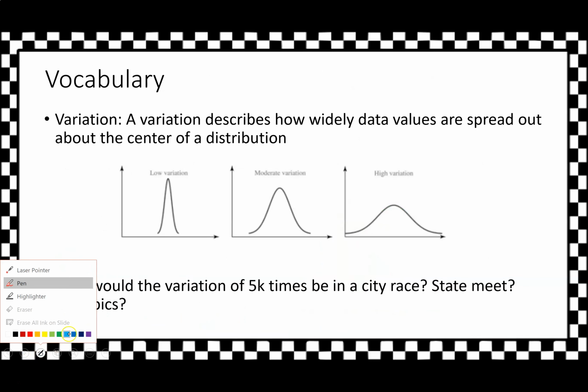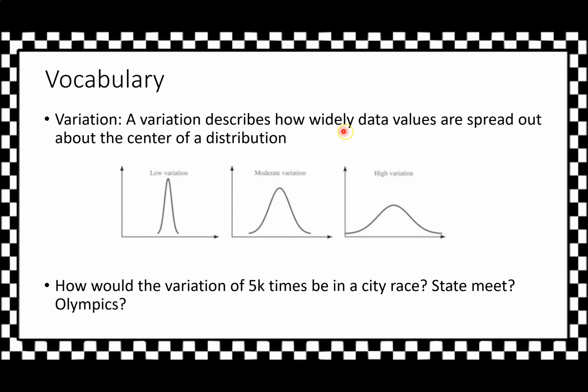All right, now let's talk a little bit about variation. So variation describes how widely data values are spread out about the center of a distribution. So low variation means there's some sort of a bell curve where most people are getting this type of time on a track race, but most everyone is relatively the same.